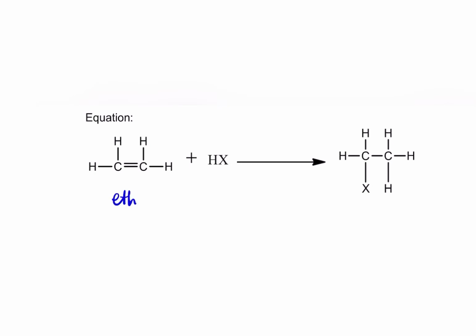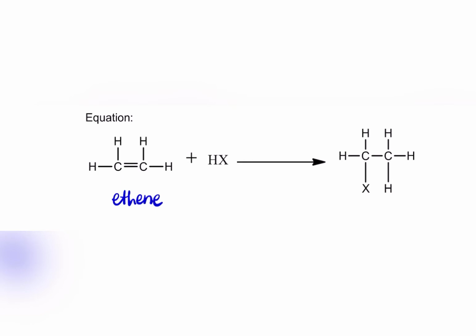Ethene reacts with HX to produce my haloalkane. I can put X on whichever side I want because both carbons contain the same number of hydrogens. But if you have another alkene with a much longer carbon chain, you have to follow Markovnikov's rule when determining which position the X and H atoms will be attached to.